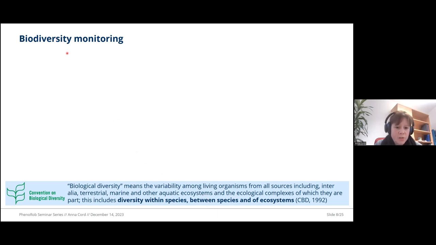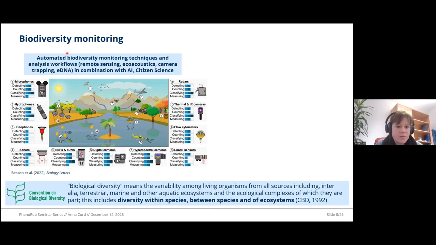The biodiversity monitoring community is super active at the moment, and it's really a fan of using new technologies. This is just an example from one paper from last year, where the authors give an overview of the different monitoring technologies that can be used, from microphones, eDNA, cameras, different versions of cameras, LiDAR, radar, all in combination with AI for the analysis workflows, and then citizen science really plays a major role.